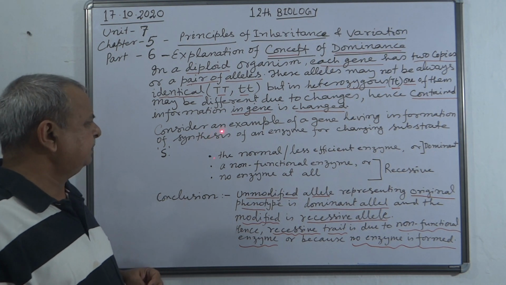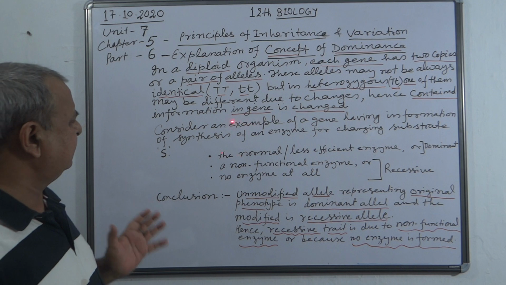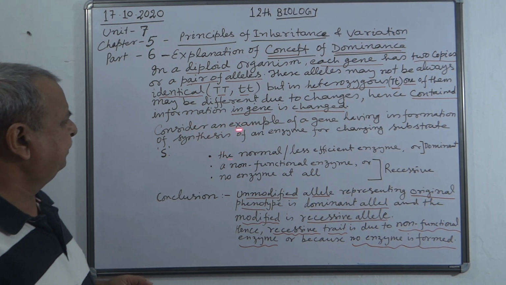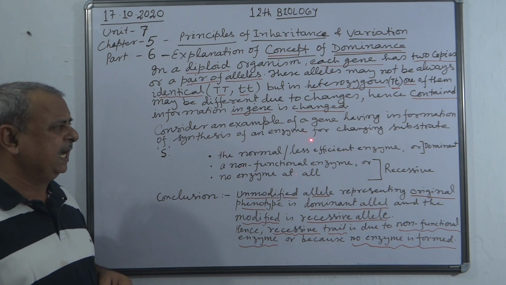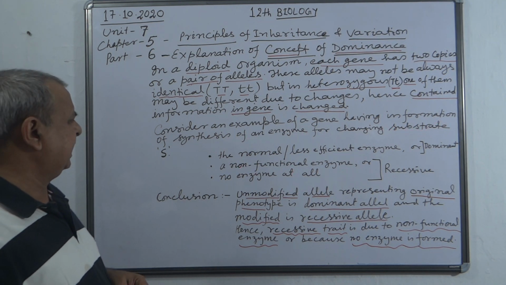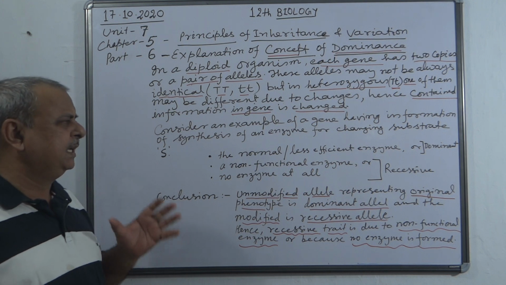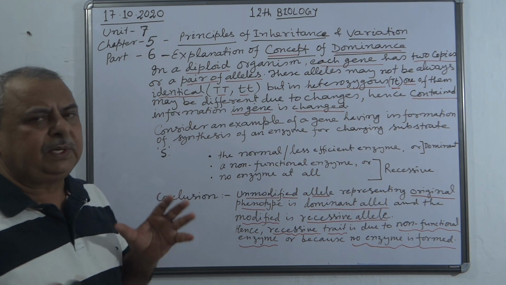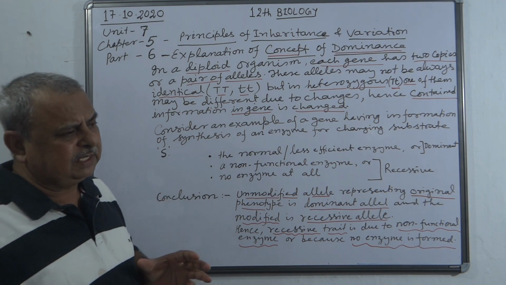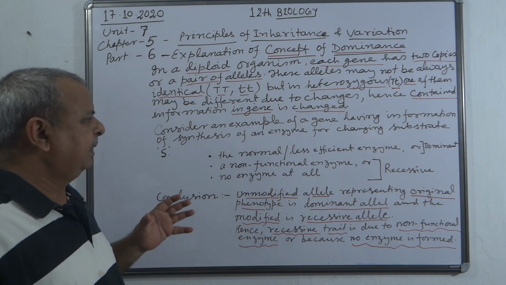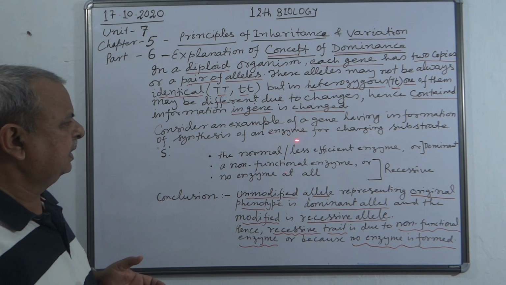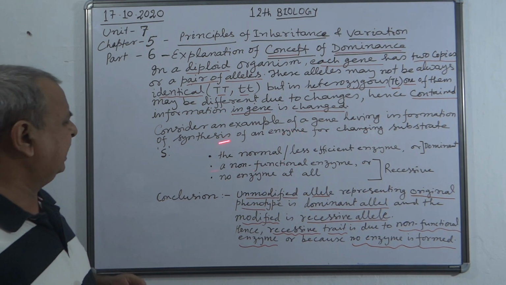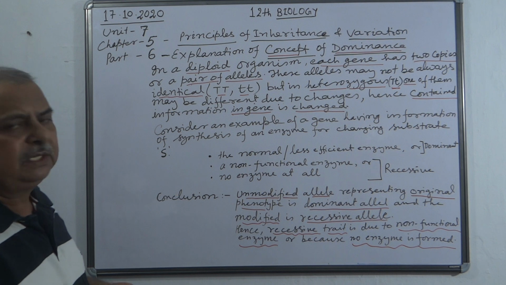We may consider an example of a gene having the information for the synthesis of an enzyme that changes a substrate S. Suppose the synthesis of this enzyme is controlled by the gene or factor, and the enzyme is required to change the substrate S into S1.